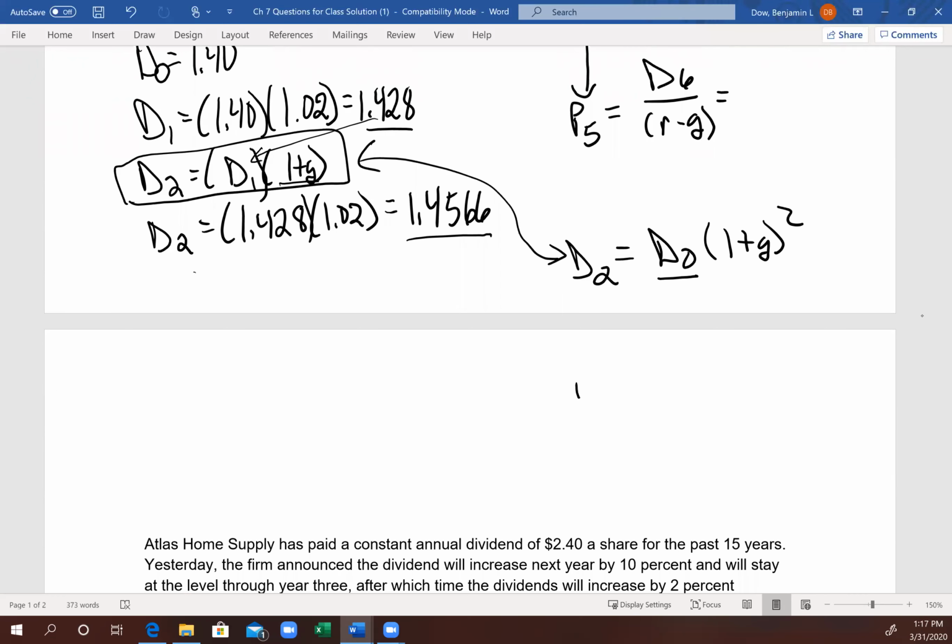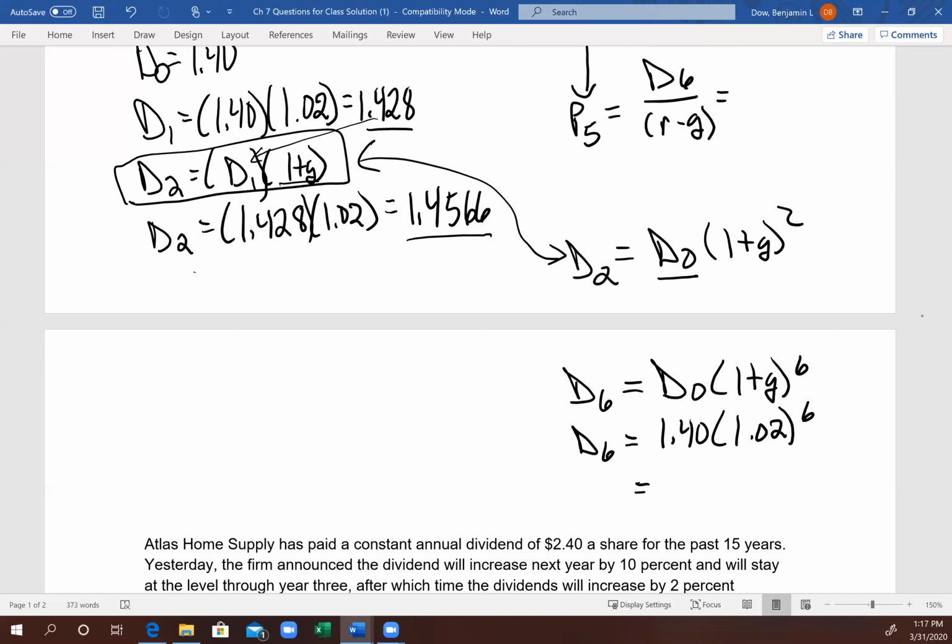And you can get there at $1.577, basically. Now that you know D6, P5 is equal to D6 over R minus G. I don't remember what the required rate of return was. 16%.